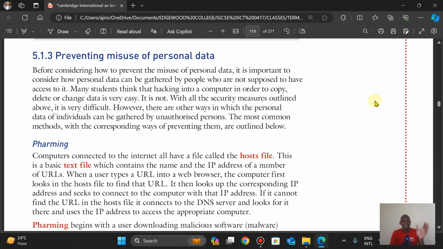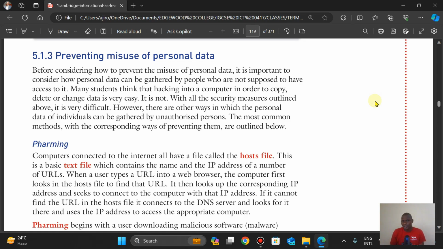Number one on the screen is pharming. When we talk about pharming, it simply means that computers connected to the internet all have a file called a host file. This is a basic text file which contains the names and IP addresses of a number of URLs.